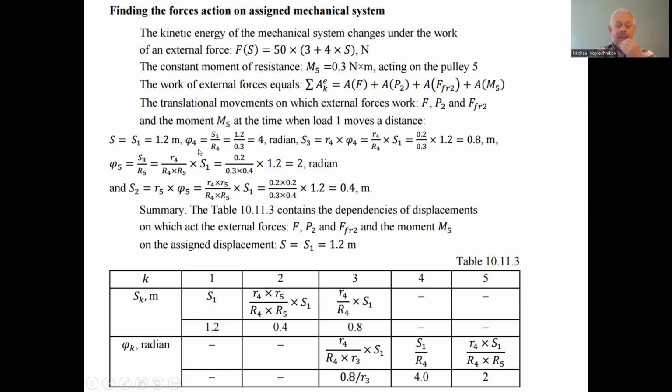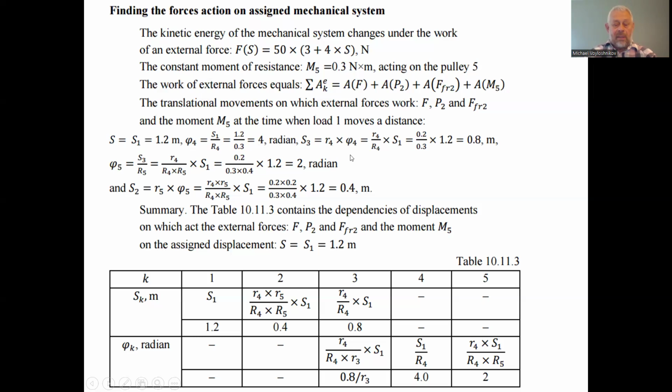So the angle of rotation of the fourth pulley will be, under the kinematic action of this translational displacement of the first load, the listed displacement divided by the radius R4, equal to 4 meters. When we set the radius and we set the assigned displacement of the first load.